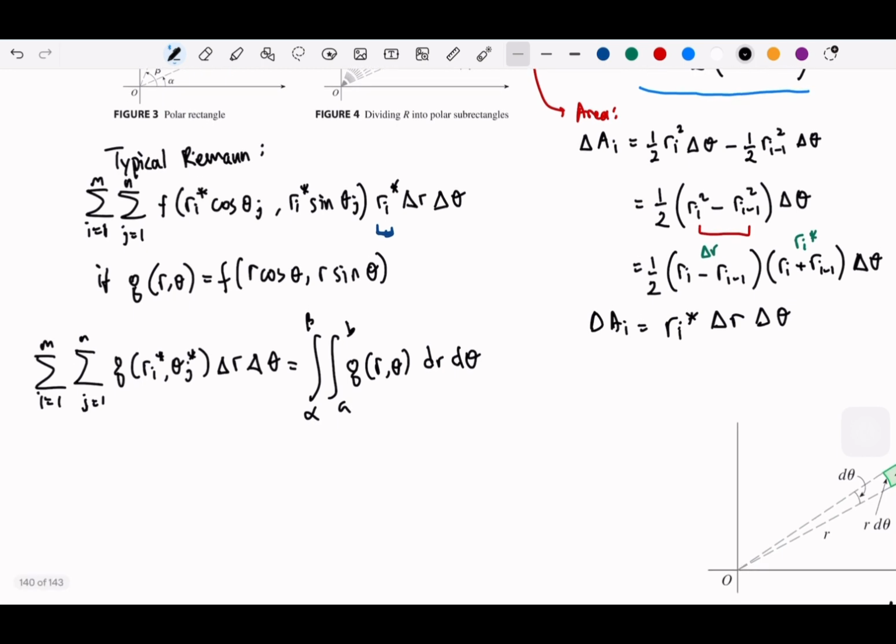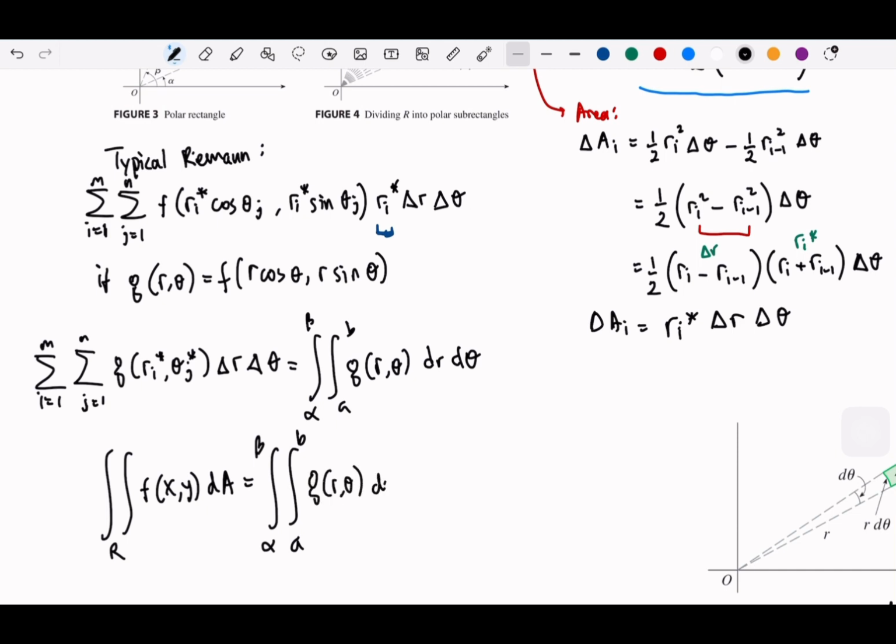If you want to put back the idea, which starts from xy, we can write this. If you want to change into g, we can. But it's better to use the f, the original function.